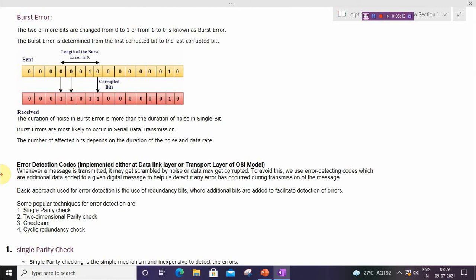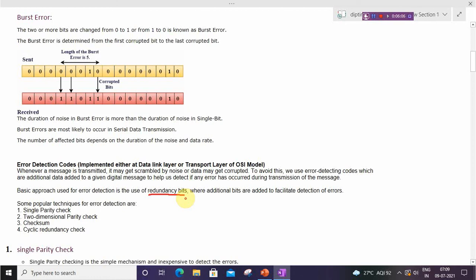And the basic approach used for error detection is the redundancy bit, where additional bits are added to facilitate detection of error. Means we add some extra bits, known as redundancy bits, to check whether there is error or not.